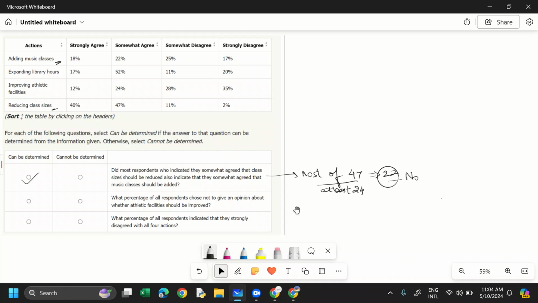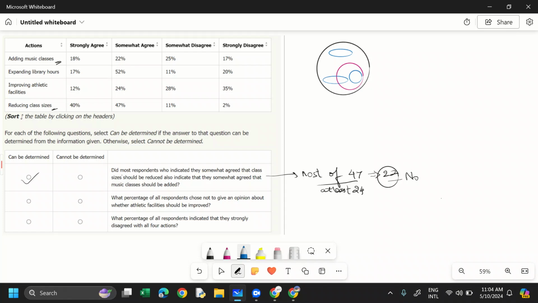Now, in case we had to do it through a Venn diagram, we would take the 100 parents as the circle, and another smaller circle would represent the 47 parents who somewhat agree to reducing class sizes. Now, the other 22% who somewhat agree to adding music classes could be completely away from it, or could have some overlap, or could have complete overlap.